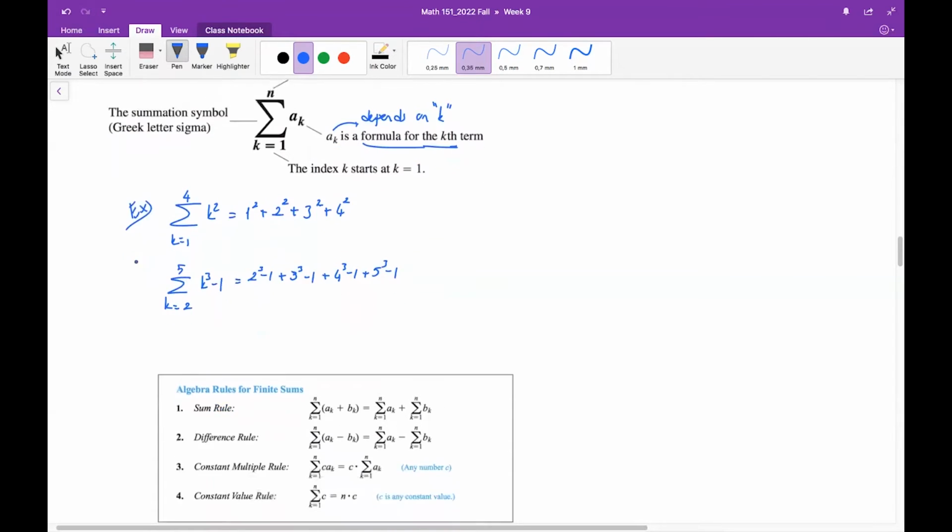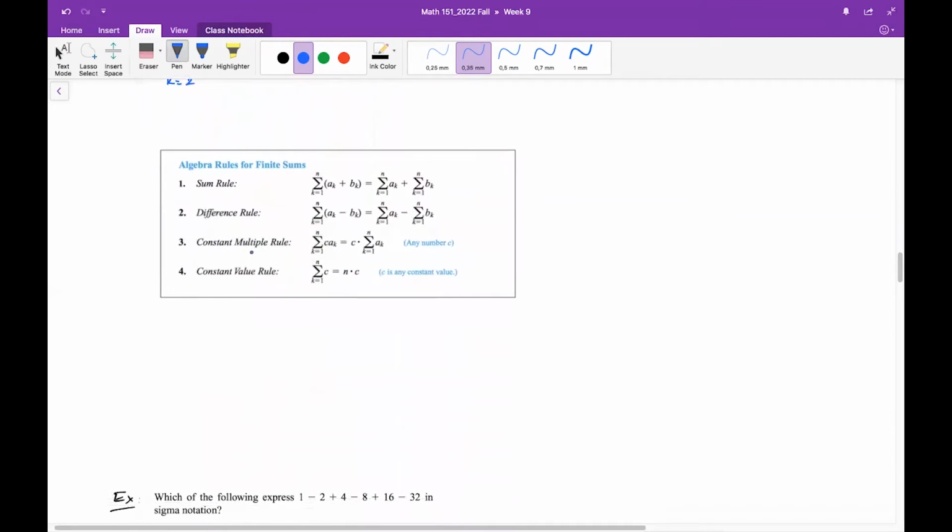Like this. There are certain properties that this sigma notation satisfies. For example, it respects addition and subtraction. You can directly distribute the sigma notation over addition and subtraction. Let's give an example.